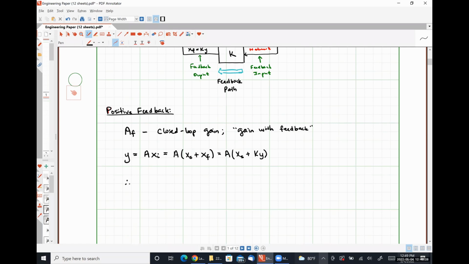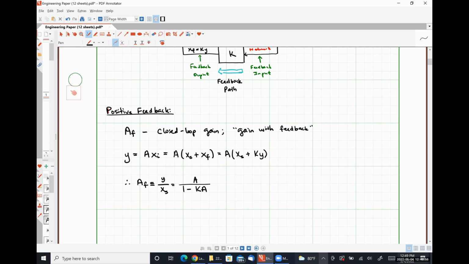And with a very small amount of algebra, we can define our closed loop gain as our output signal Y divided by our source signal XS, which will become A divided by (1 minus KA).